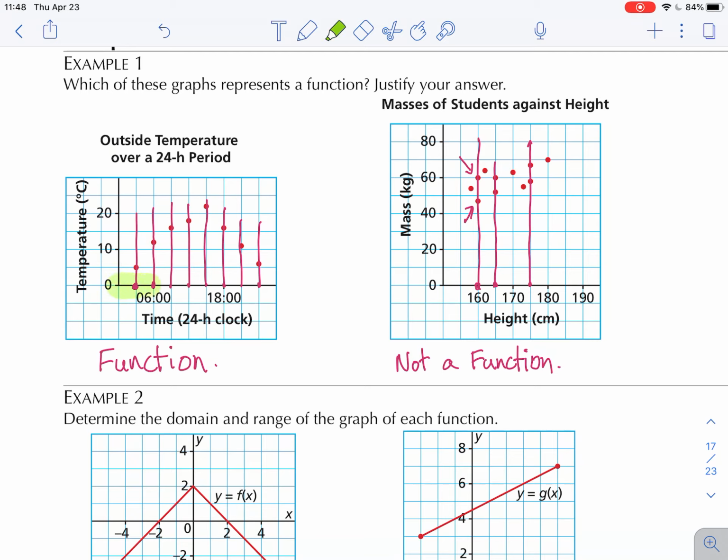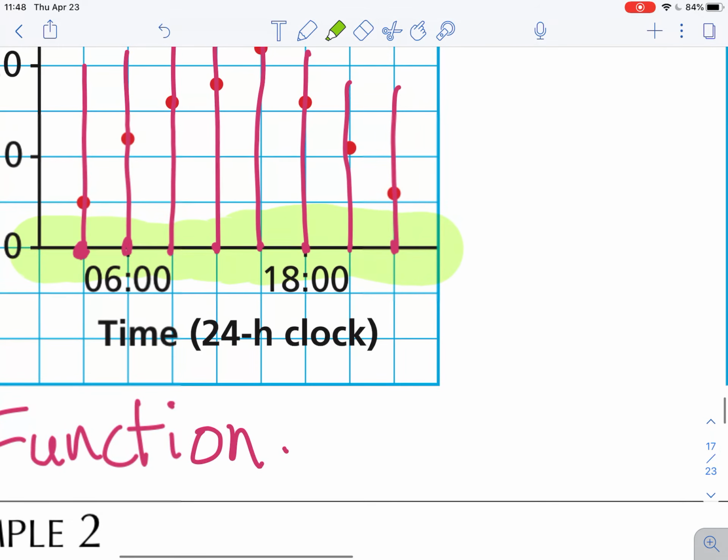All right, we're going to talk about continuous versus discrete data. The question that we have is, is our domain continuous or discrete? So we have times on here. The question is, does every value on this domain graph, would it make sense to have a range value?